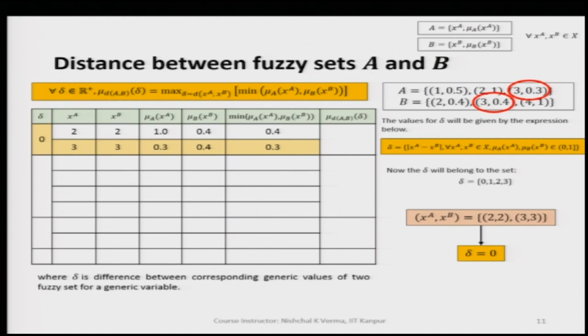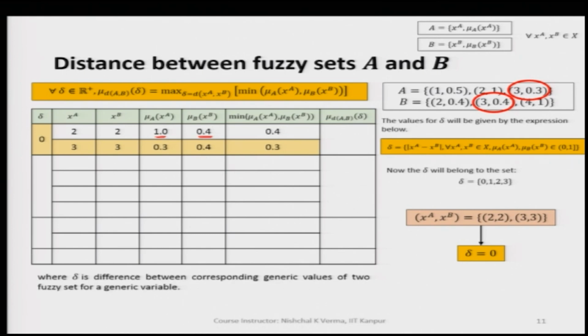Another important point is to list the corresponding membership values. The membership value mu_A(x_a) we are getting here is 1, and mu_B(x_b) is 0.4.